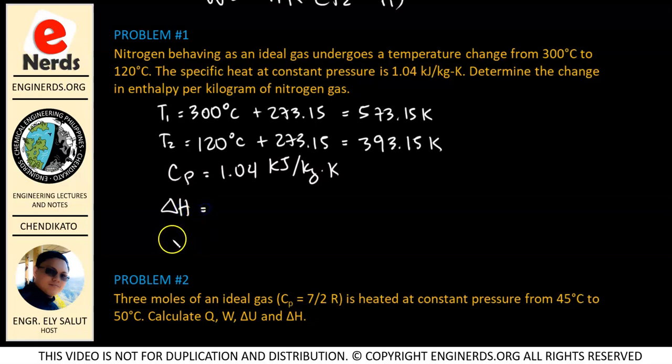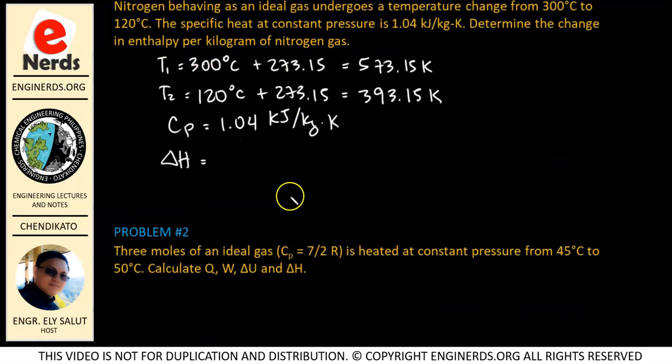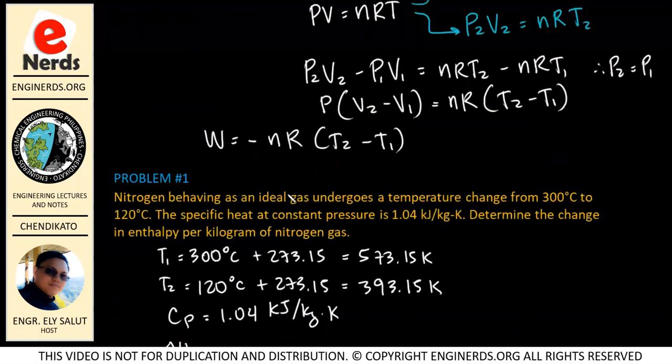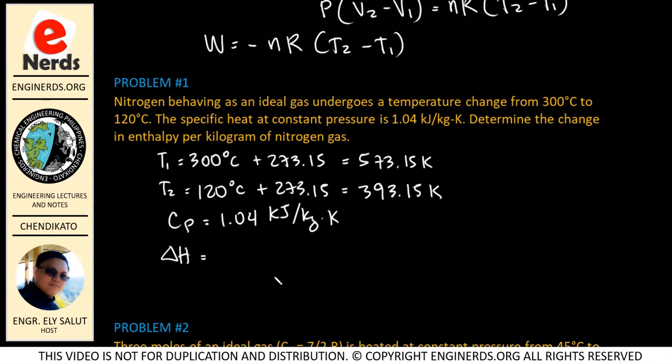We know that the equation for delta H is equal to nCp delta T, because this is equal to heat, which is nCp delta T. But we will not be using n here. We will not be using that because we are required to determine the change in enthalpy per kilogram of nitrogen gas. That is why our Cp is already expressed in a unit in which the denominator already has kg, right?